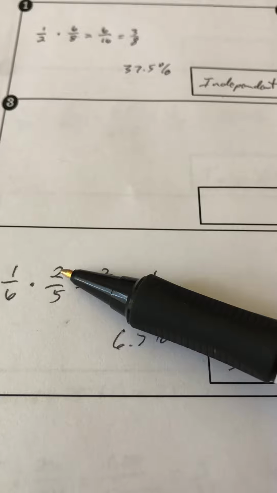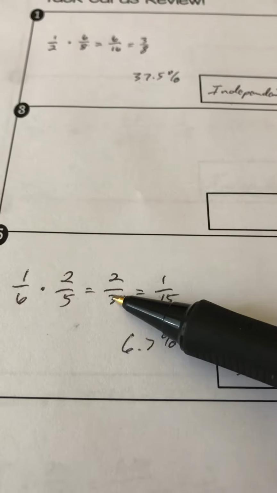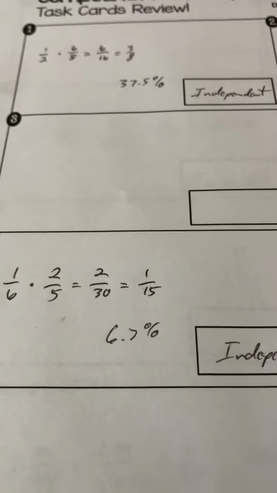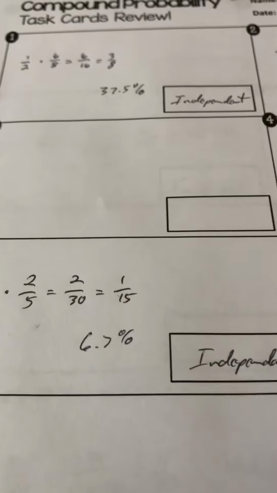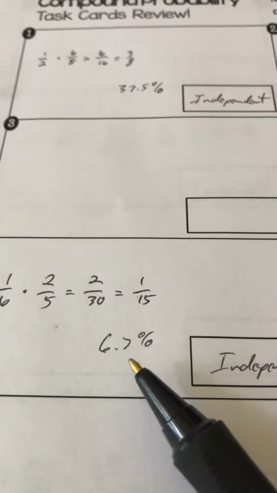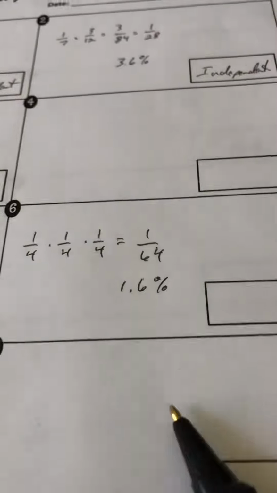That would be rhombus and square out of the 5, so 2 out of 5. So you just multiply those, you get 2 over 30 or 1/15. You divide either one of these, you're going to get 6.7%. I'm rounding those percentages so that you have it rounded to the nearest tenth, and this is independent.